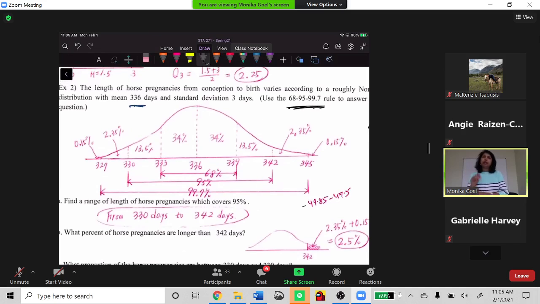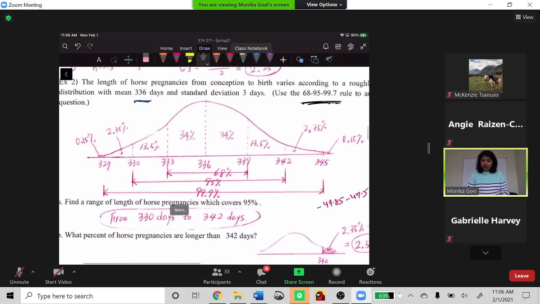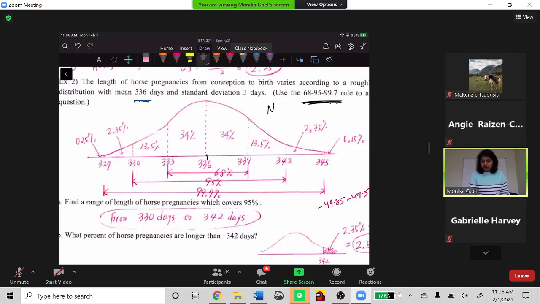This is an example in the Stat 108 chapter notes. If we are looking at the 68% area, or 68% of observations in the curve, then we are looking at one standard deviation to the left and right of the mean. This is my mean. When we talk about normal distribution, we use mean as mu and standard deviation as sigma. If my mean is 336, that means my center or half is at 336. To the left of 336, I go 1, 2, or 3 standard deviations.